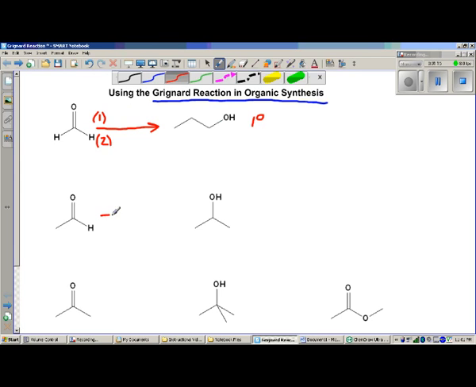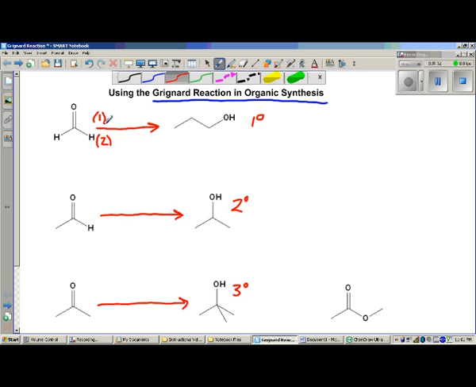So if you wanted to make, say, for example, a secondary alcohol, you'd start from an aldehyde, again using your two-step reaction. Also, we saw that if you wanted to make a tertiary alcohol, you would start from a ketone.